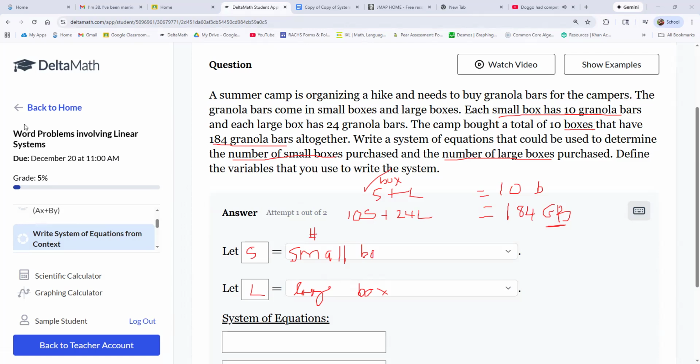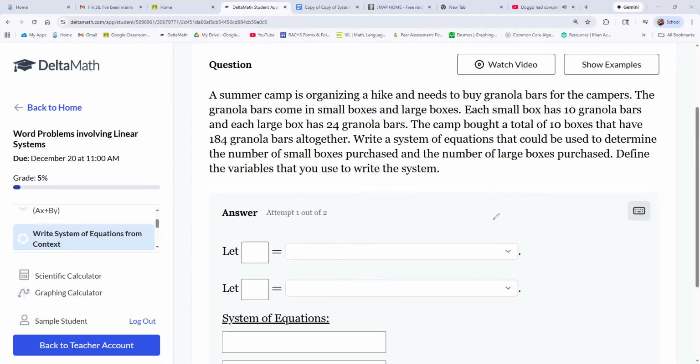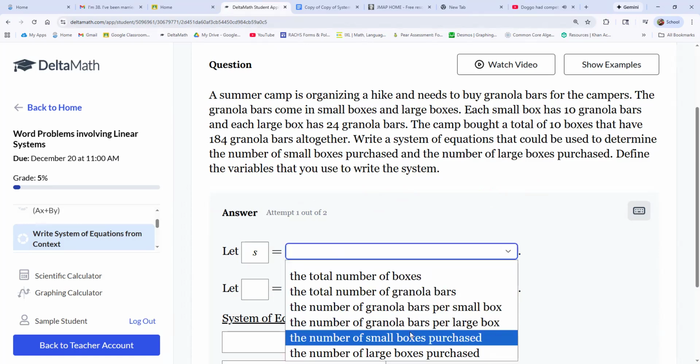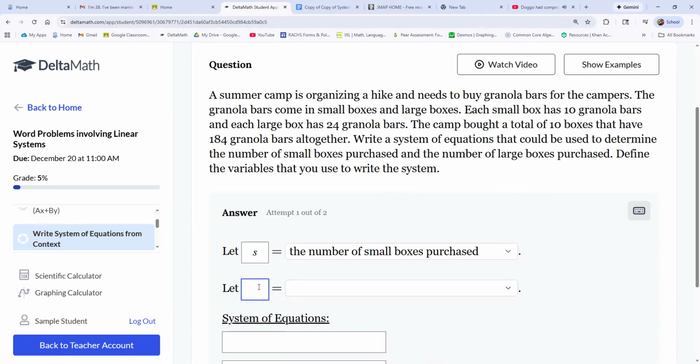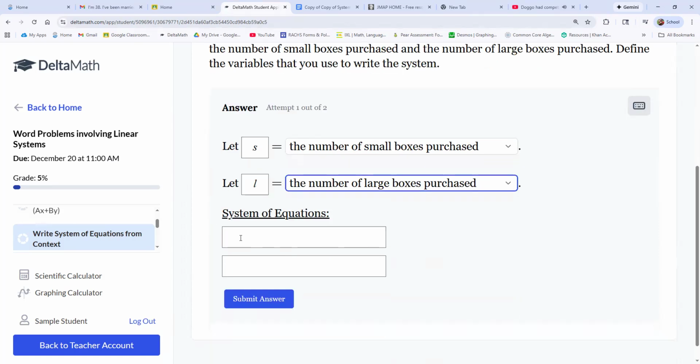All right, so now I can say S stands for the number of small boxes purchased. L stands for the number of large boxes purchased. Here are the two equations. It's going to be S plus L equals 10.